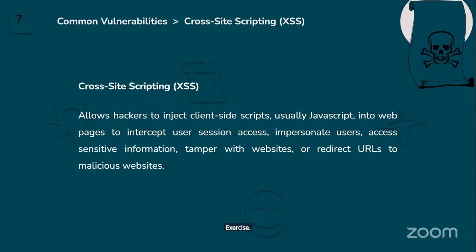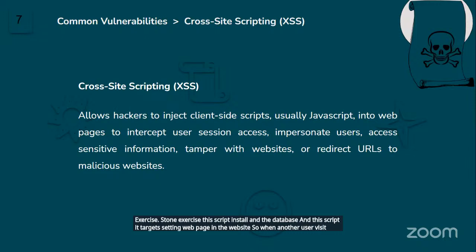In stored XSS, the script is stored in the database, and it targets a certain web page in the website. So when another user visits that website, this script is executed by the browser.